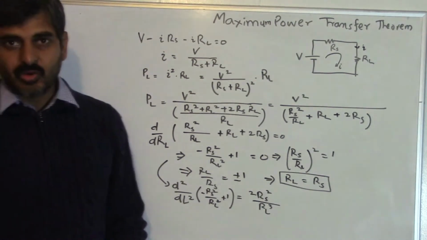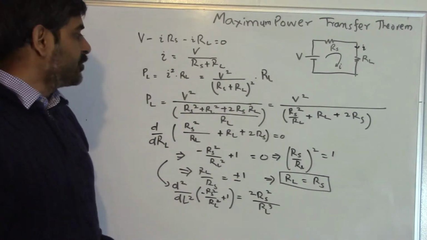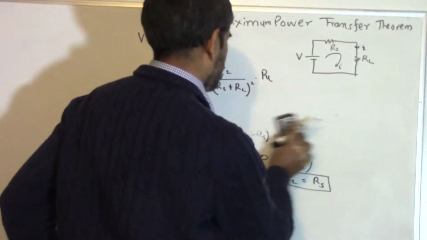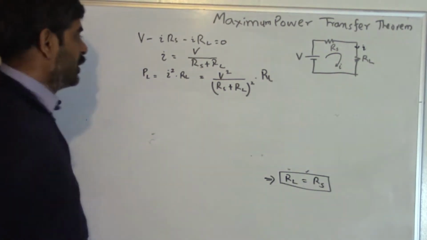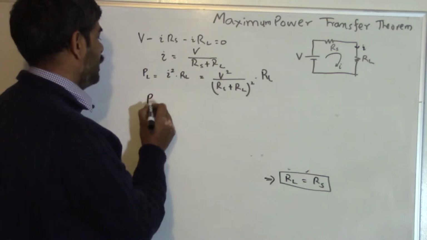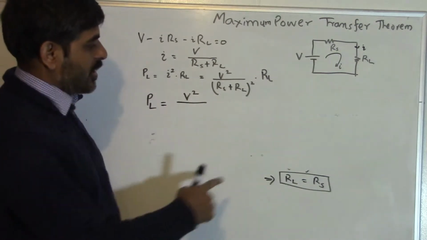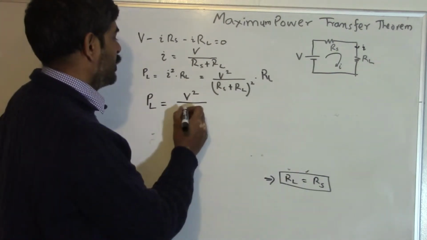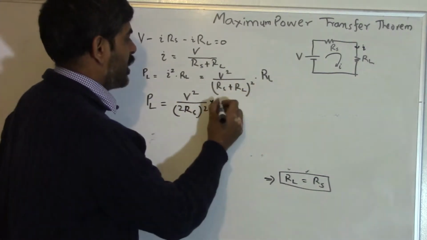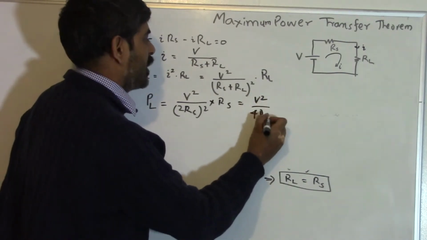With this, we can also find what the value of this maximum power transfer will be. The maximum power transfer PL is equal to V squared divided by, instead of RL we can write RS, so 2RS whole squared, which will be equal to V squared divided by 4 RS squared.